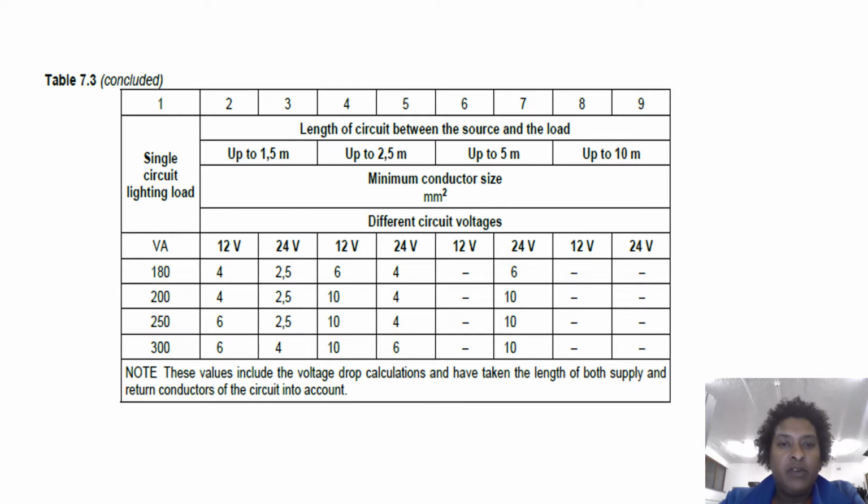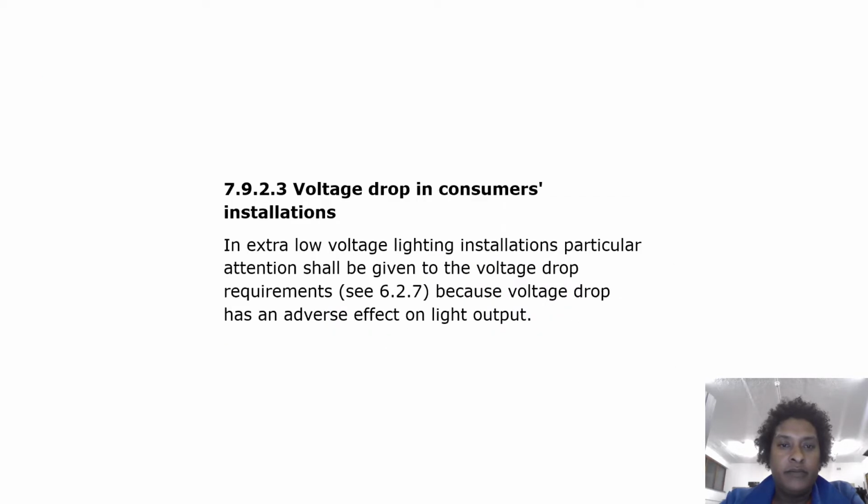And there the table continues with the length of circuit between sources and the load. Voltage drops in consumers' installations. In extra low voltage lighting installations, particular attention shall be given to the voltage drop requirements. See 6.2.7, because voltage drop has an adverse effect on light output.